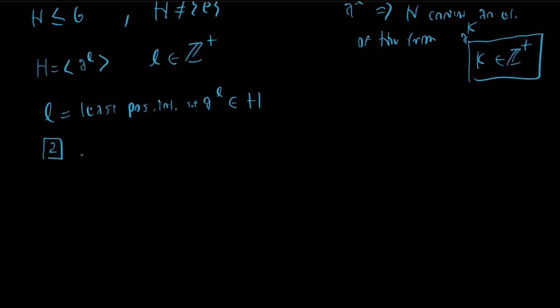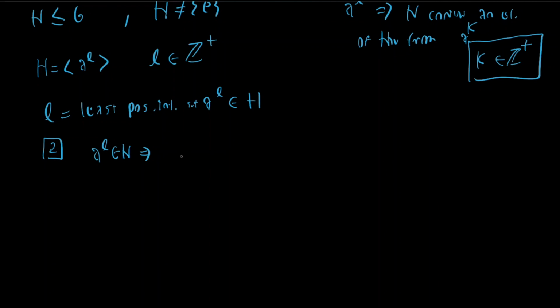So we have this a to the L. Since a to the L is in H, all the powers of a to the L are in H, since H, being a subgroup of G, is a group in its own right, and thus it is closed under the operation with respect to which it forms a group.